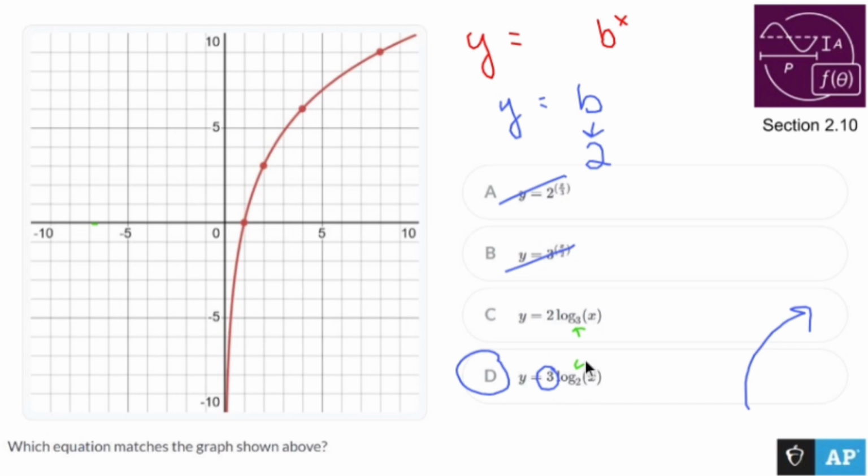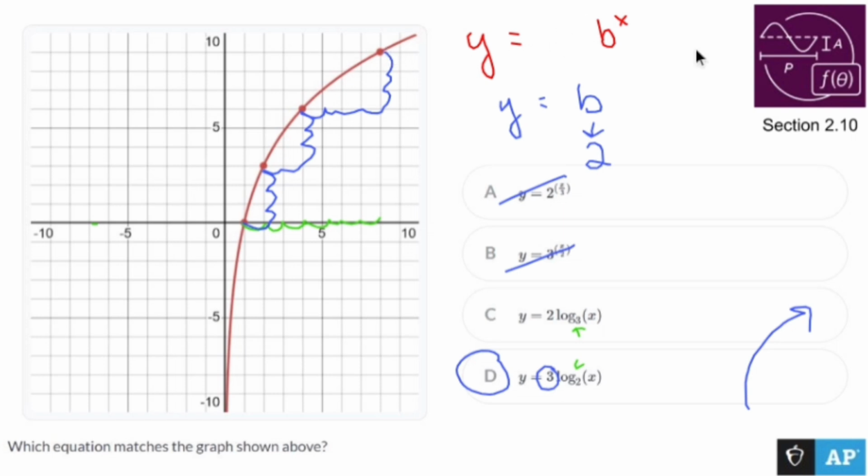So when the base is 2, I go right 1, then right 2, then right 4, and the next one would be right 8. And you might be thinking, how much do you go up then? Well, notice this was right 1, up 3. Right 2, up 3. Right 4, up 3. So my next one, if I needed another dot, I'd go right 8, up 3.